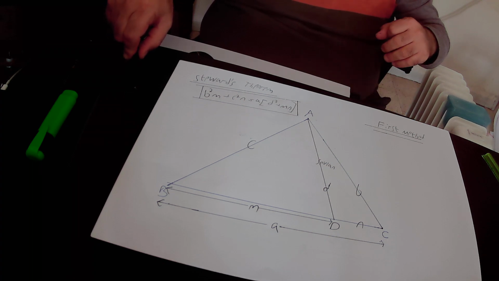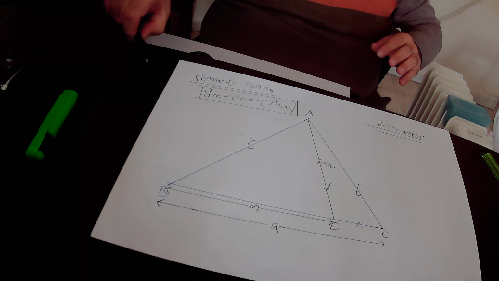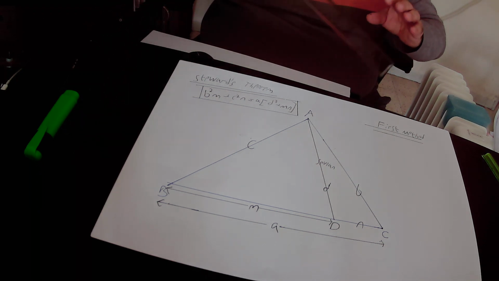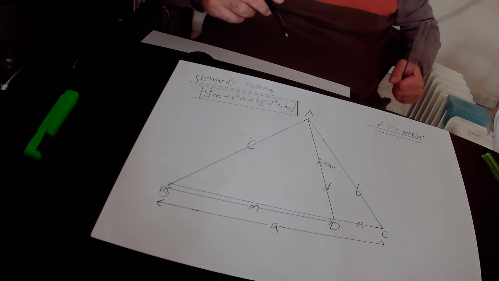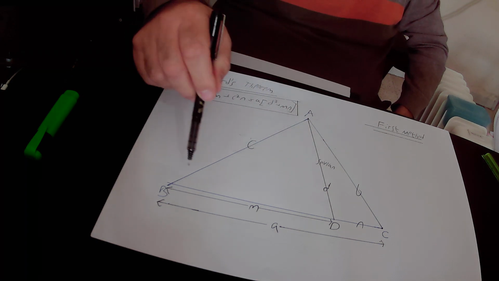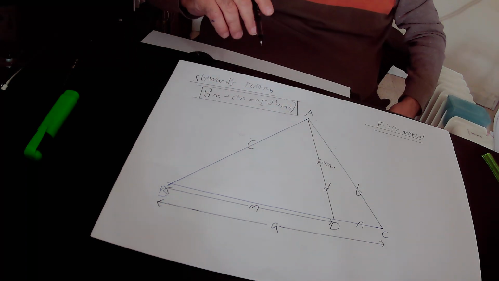Okay, so we'll prove Stewart's theorem according to the first method. We will do a construction: from the vertex A of triangle ABC, we draw a perpendicular on side BC.